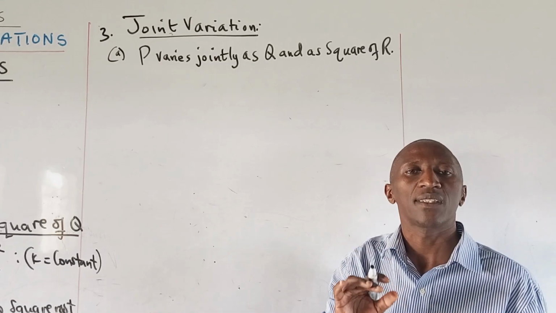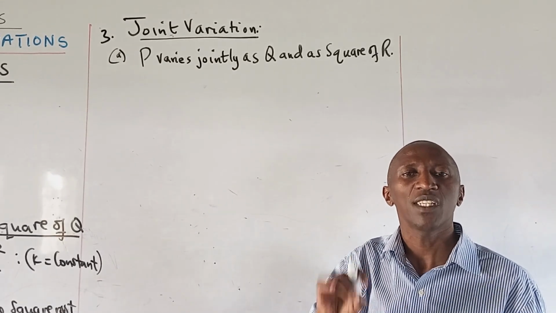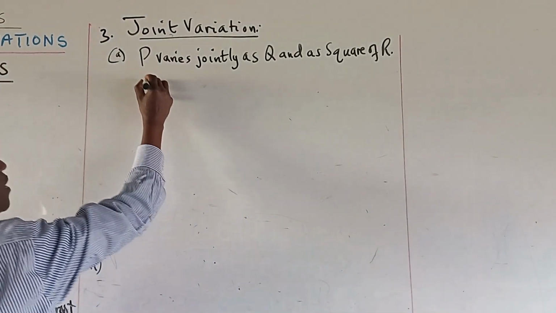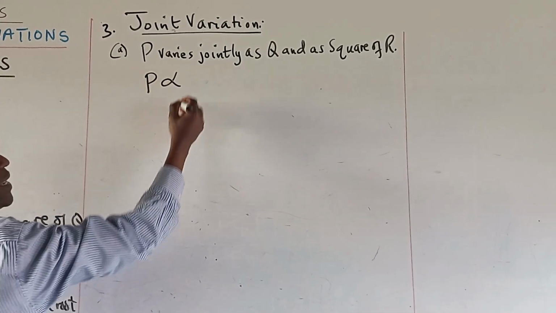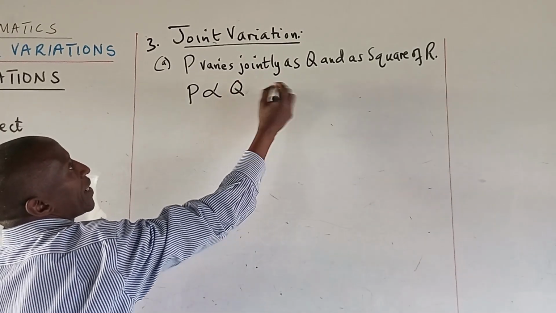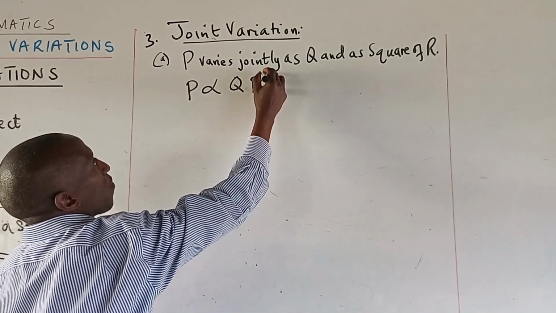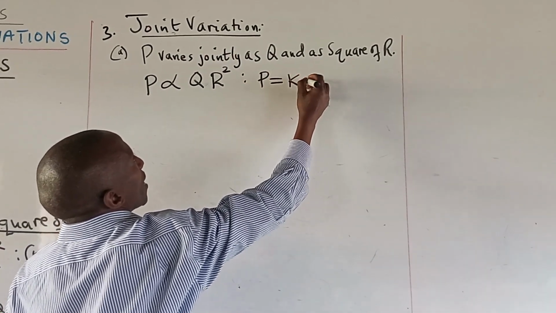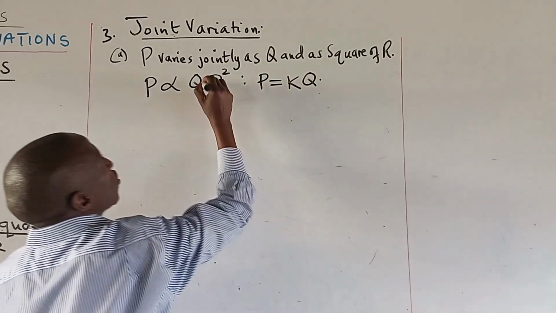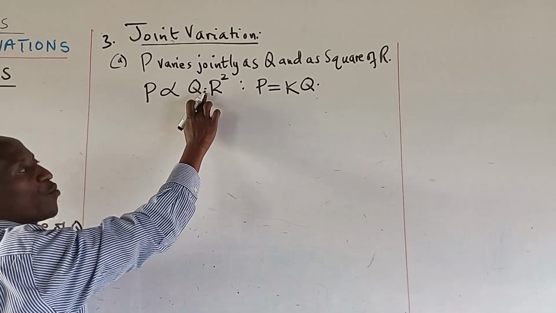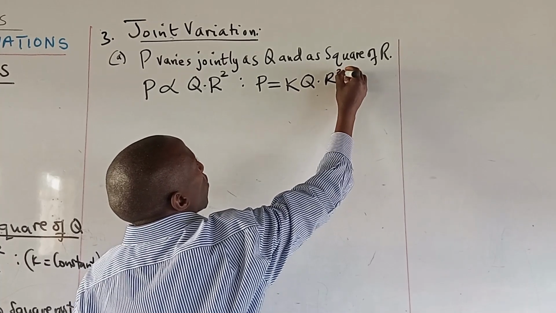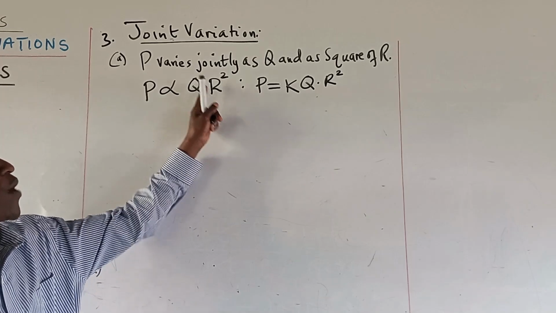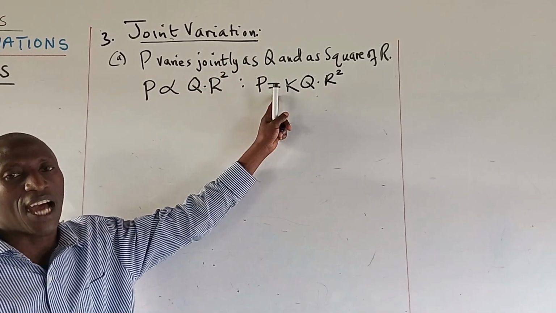When that happens, we assume it as direct. So we shall take it that P is varying directly as Q and as the square of R. And that relationship, as a rule, becomes P is equal to K, Q, and the dot here means multiply by R squared. So that is the relationship in joint variation where both of them are varying directly.